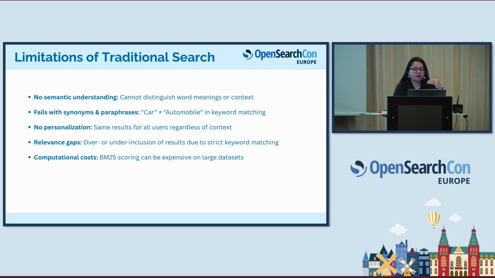It doesn't have personalization. So let's suppose your application has thousands of users, and if you are using traditional search approaches, all your users will have the same output. Let's suppose they are searching for iPhone. They're going to get the exact same results.